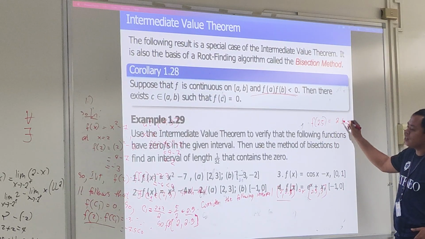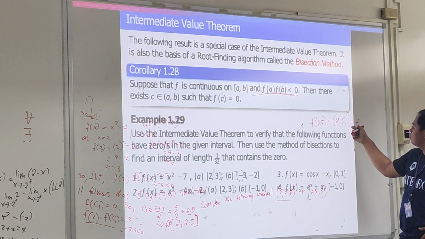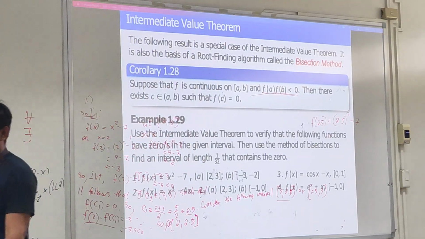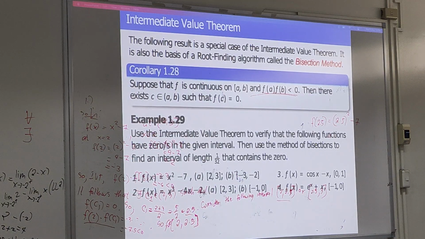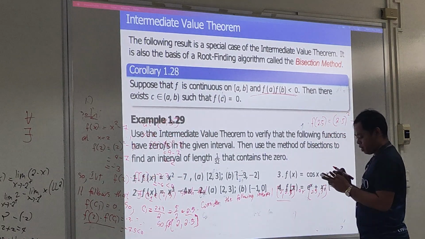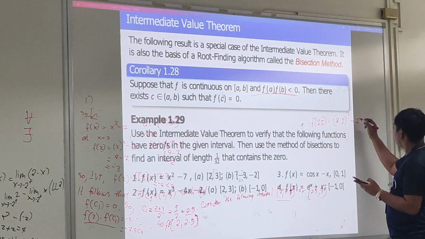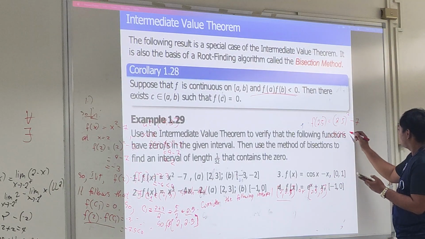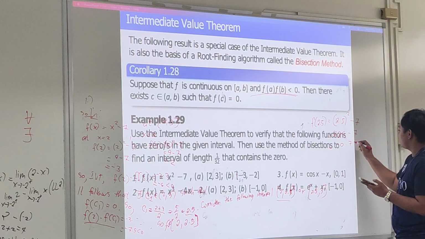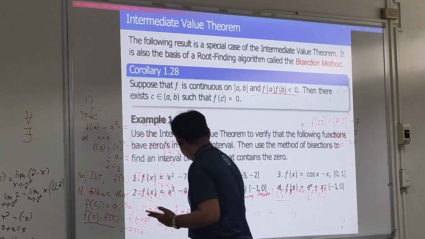This is equal to 2.5 squared minus 7. 2.5 squared is 6.25 now, minus 7, and this will be negative 0.75.